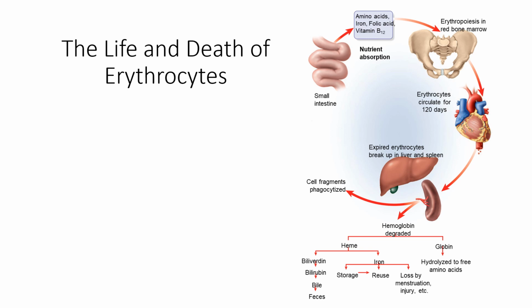So the life and death of erythrocytes. We talked about iron and that we need it to make hemoglobin. And if you remember, I said that erythrocytes are really just a big bag of hemoglobin.